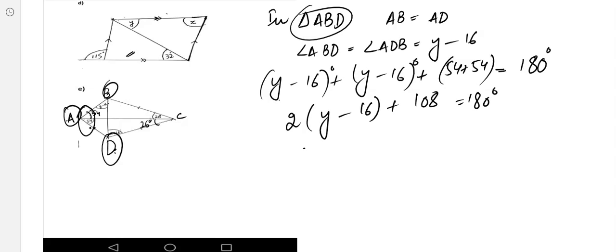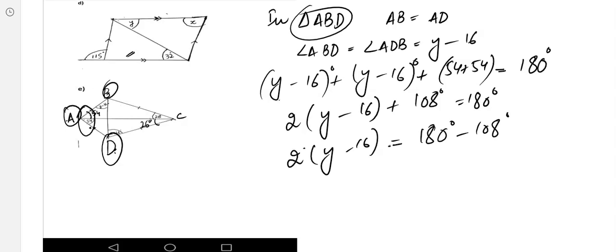108 is being added over here. When it will be shifted to the other side, it will be subtracted. We can solve it further. 180 minus 108 is 72, and 2 is being multiplied over here.